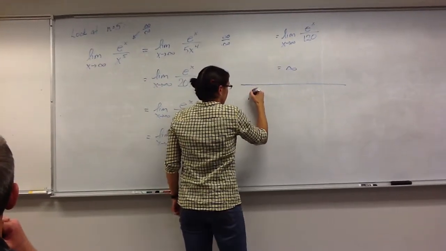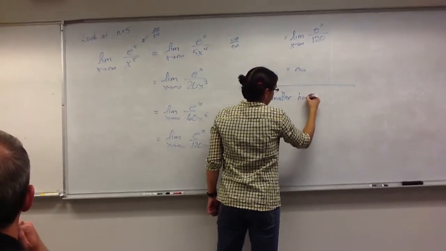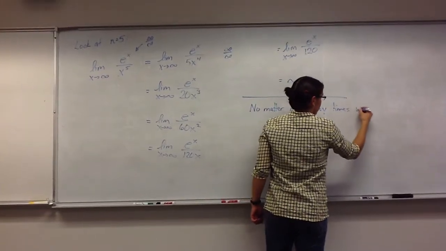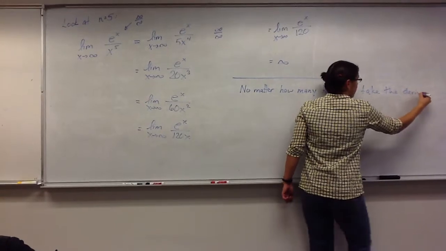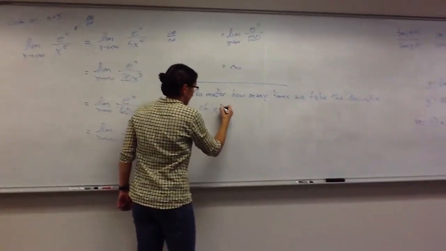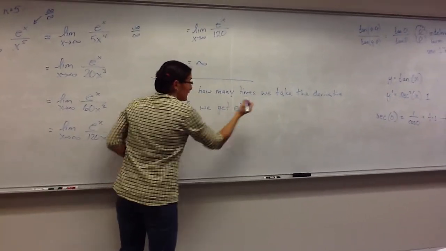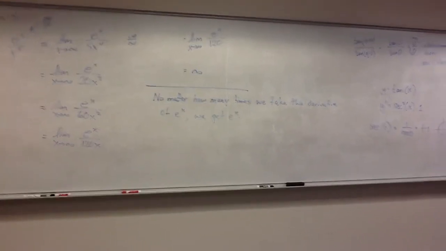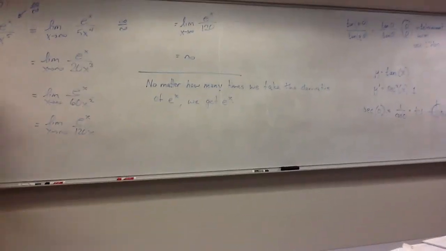So no matter how many times we take the derivative of e to the x, we get e to the x. So no matter how many times we apply L'Hopital, the numerator of this fraction is always going to be e to the x.